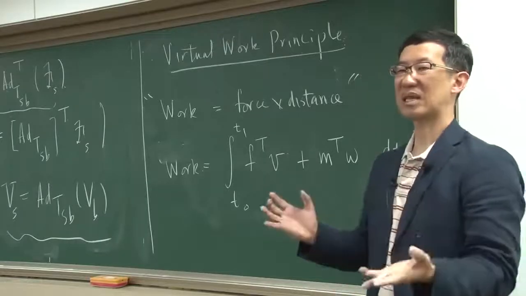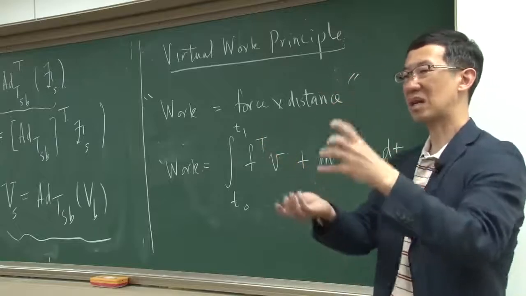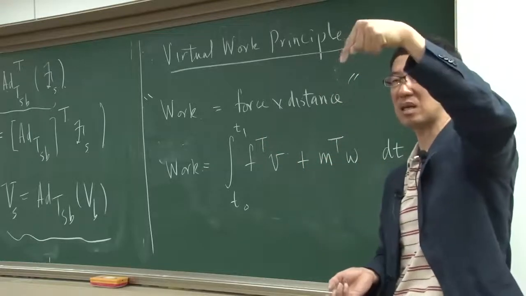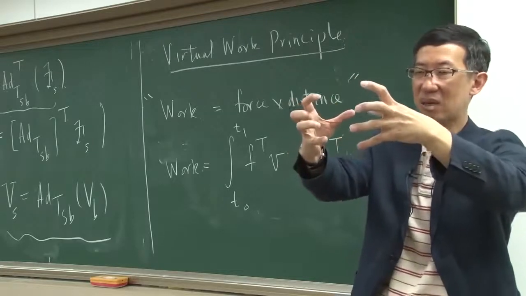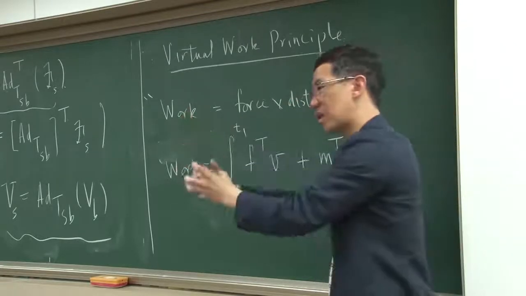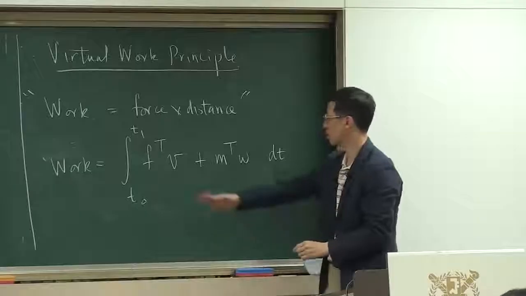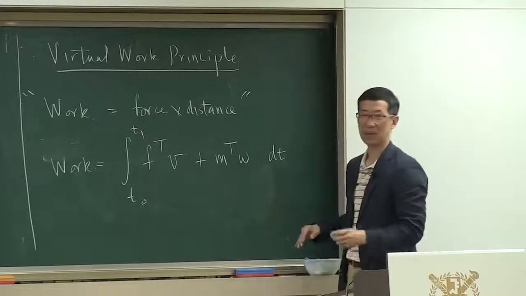So if we ask what is the work being done by this force and moment applied to this rigid body, which moves from this configuration at t0 along this path to some other configuration at t1, you would use this integral formula to calculate the work.